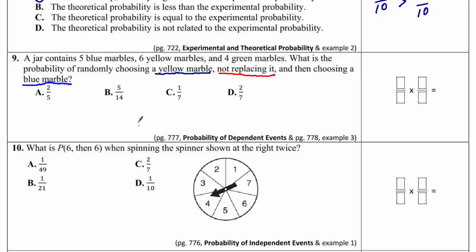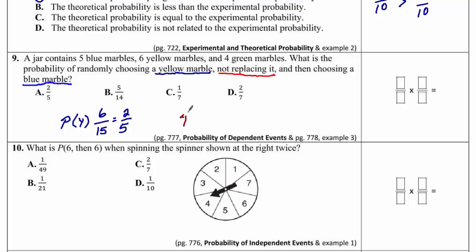Well, the chance of pulling the yellow, the probability of getting that yellow marble, there are 6 yellow out of 5, and 6 make 11, and 4 make 15 total. So there is a 6 out of 15 chance that you're going to get a yellow marble, which we can simplify to a 2 out of 5 chance.